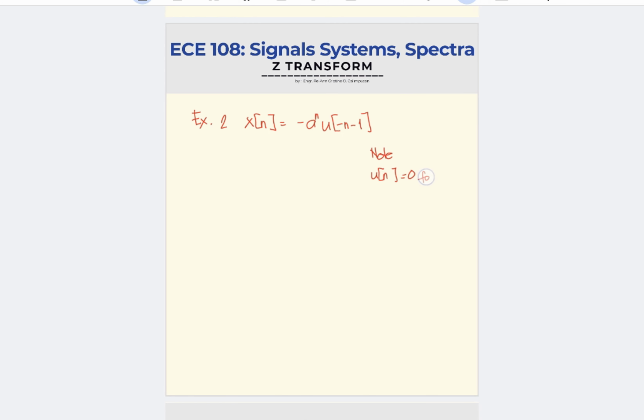Let's remember to note that u of n is equal to 0 for n is less than 0, and it is equivalent to 1 for n is greater than or equal to 0.